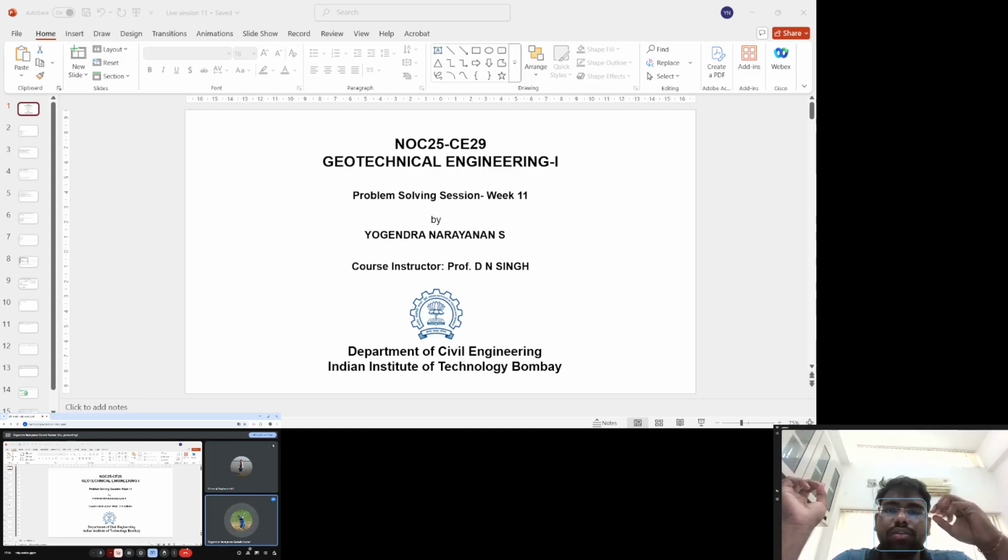So today, a brief overview of the contents covered in the previous week. The concept of time dependent deformations as well as the compressibility characteristics of the soils was introduced, and the terminologies and properties which govern the compressibility of the soil were discussed, as well as how to compute the immediate and final settlements.